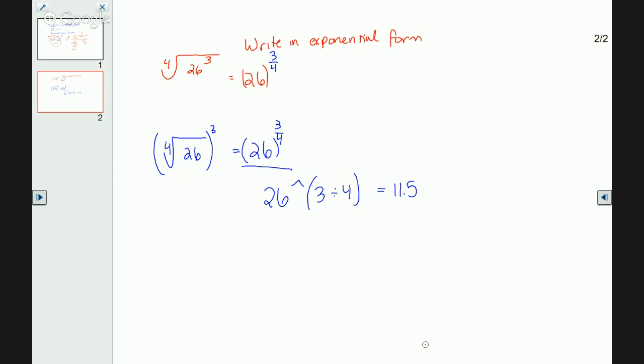So that caret means exponent. The new operating system will actually put it in the exponent. So you'll actually have a fraction bar up there in the exponent slot with the newer calculators. It's super easy to use.